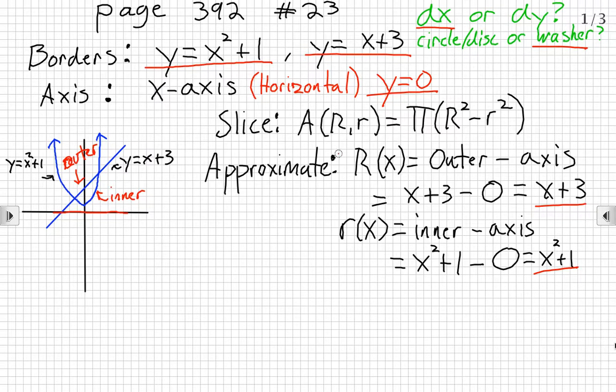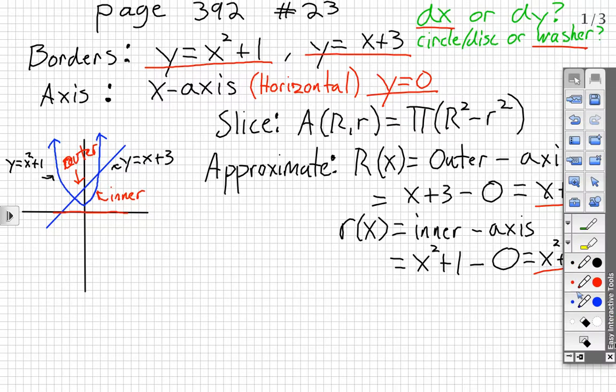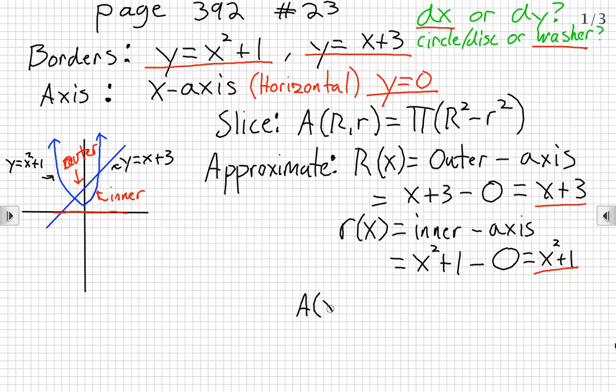Now that we've identified big R of x and little r of x, we can go back and rewrite our area using x as the only variable. The area as a function of x is pi times big R squared, (x plus 3) squared, minus little r squared.